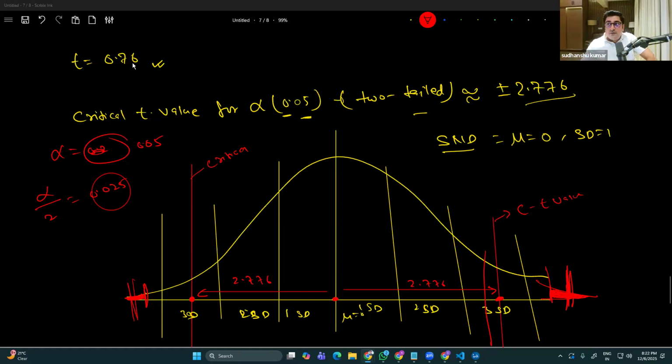Compared to that, our t value calculated from the data is very much smaller than this critical t value. It simply means that it is not falling under this critical region. This is what it means.